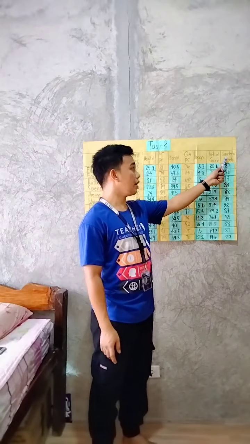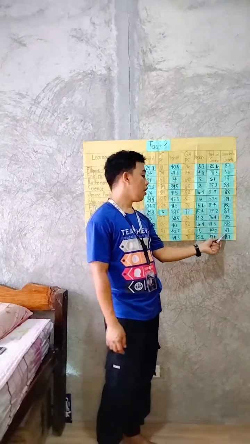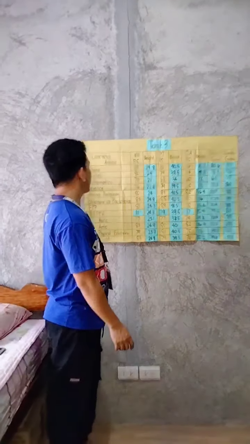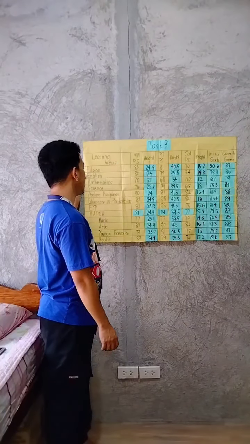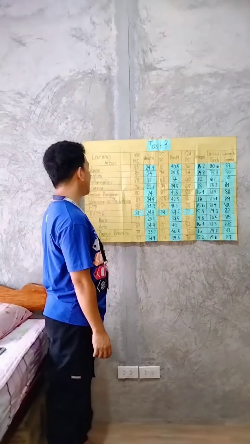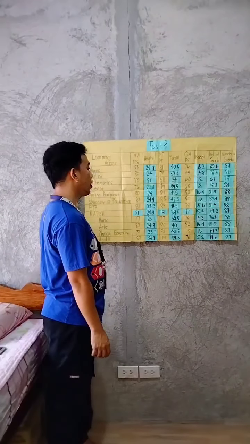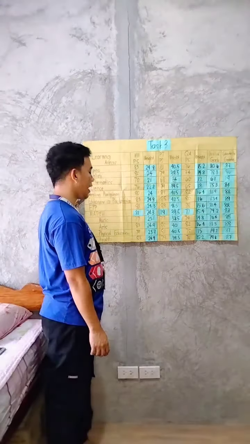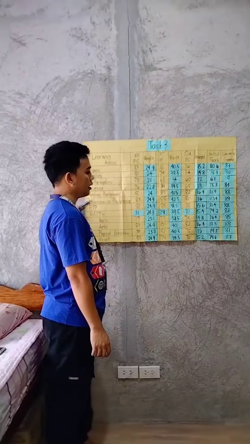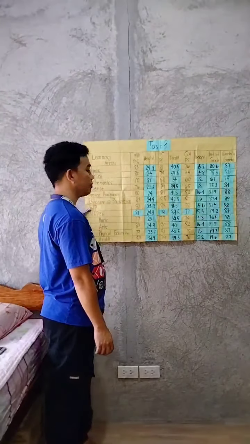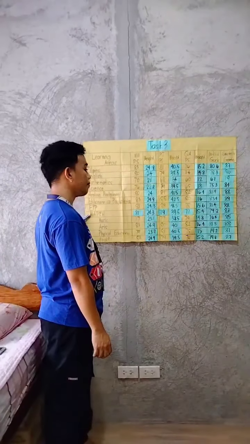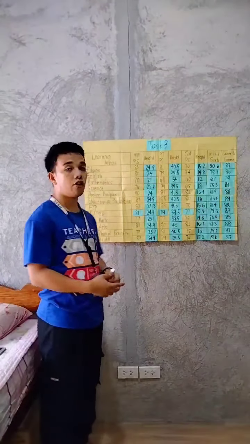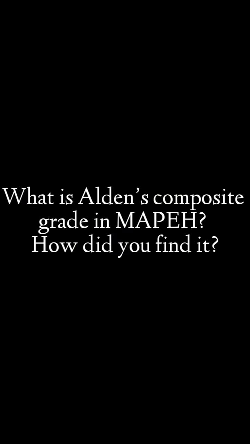So here are the quarterly grades of Alden: 87 for Filipino, 86 for English, 79 for mathematics, 84 for science, 88 for Araling Panlipunan, 89 for ESP, 88 for EPP, and 87 for MAPE.